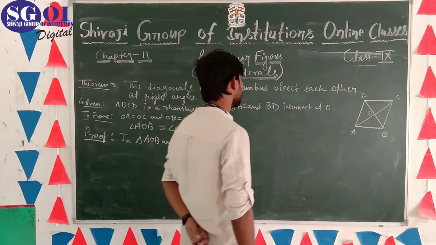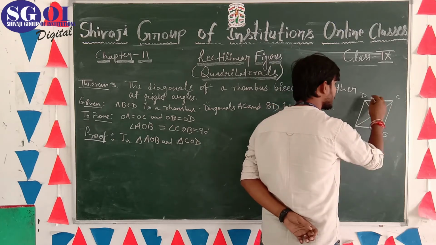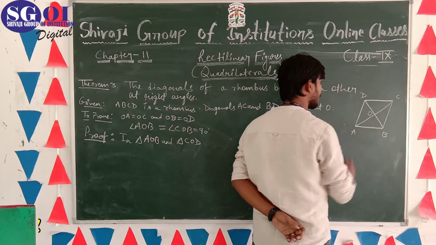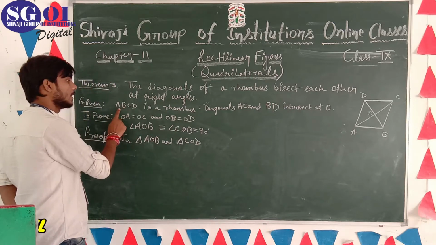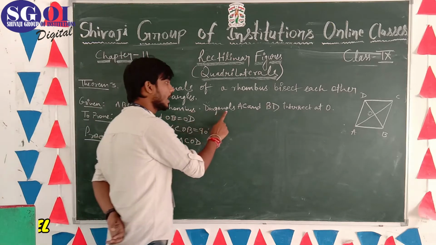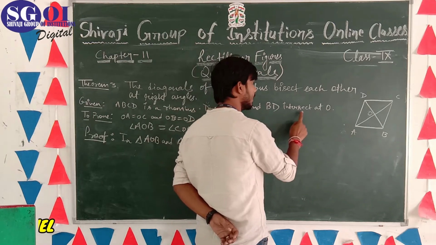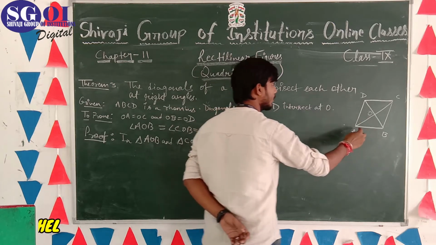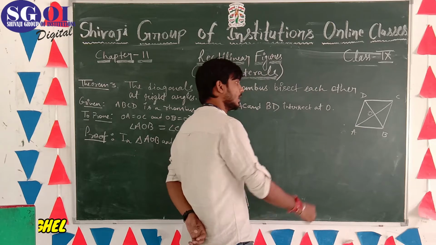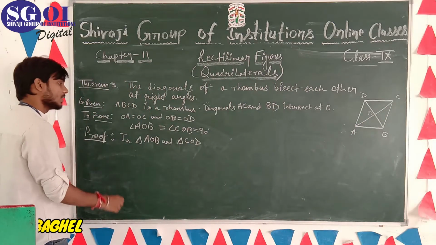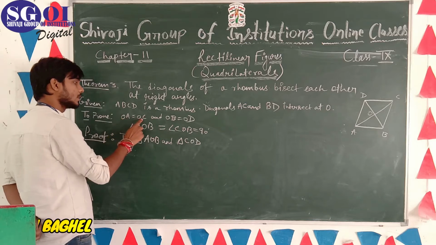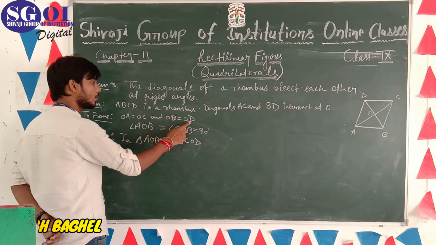The diagonals of a rhombus. This is a rhombus, ABCD is a rhombus. So what is given: ABCD is a rhombus and diagonals AC and BD intersect at O, and we have to prove that AC and BD bisect each other, meaning OA is equal to OC and OB is equal to OD.